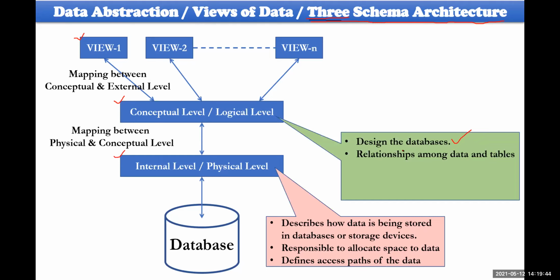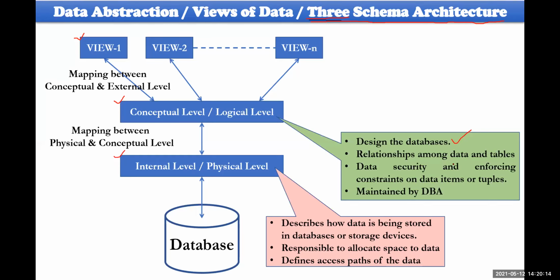Just before, in metadata, we have seen not null, primary key, or check, something like that. Such restrictions will be defined by the conceptual schema, and then maintained by the database administrator. The physical schema will be maintained by the database administrator, and the conceptual schema will be maintained, though not completely, by the database administrator.